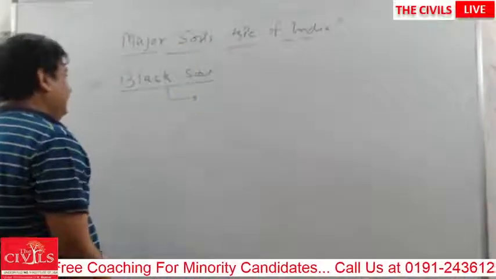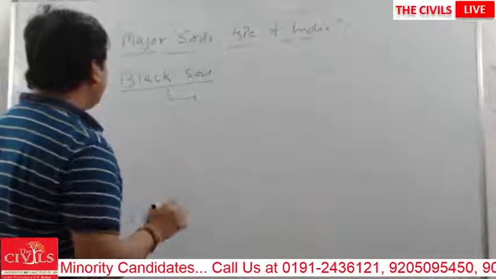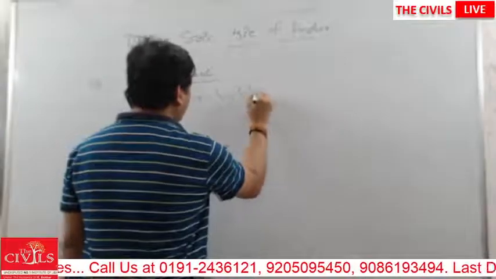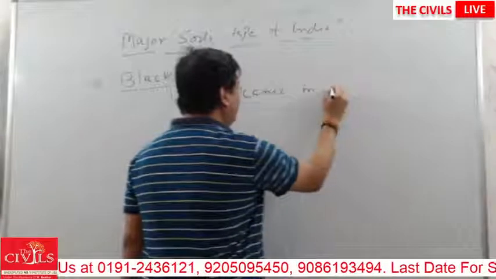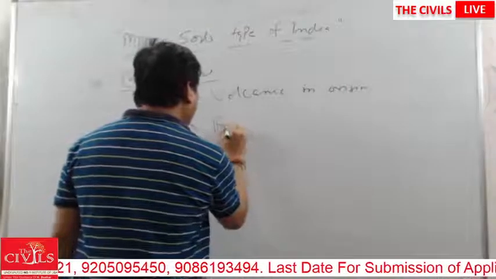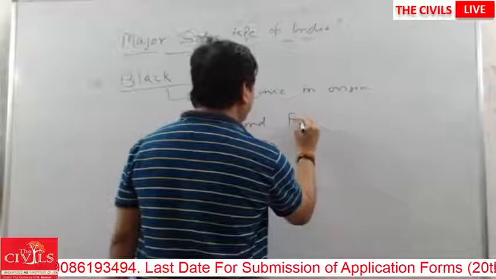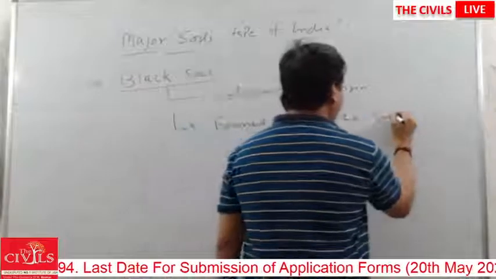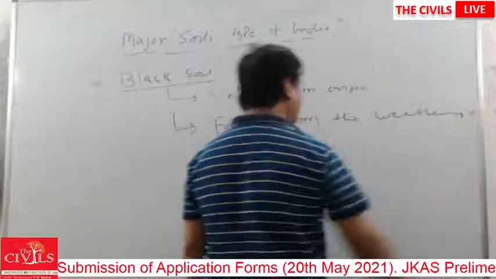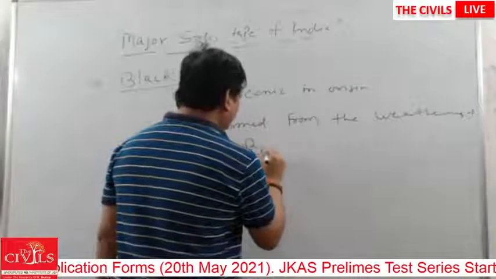Black soil is volcanic in origin, formed from the weathering or decomposition of basaltic rock.